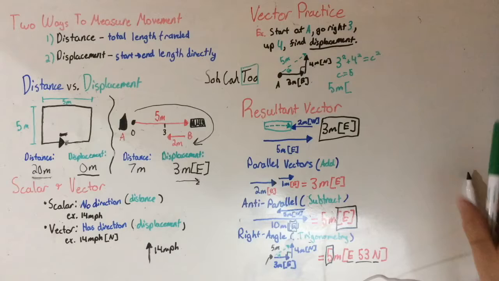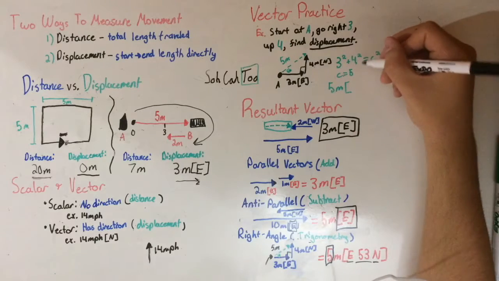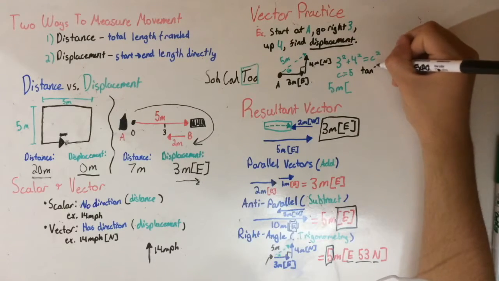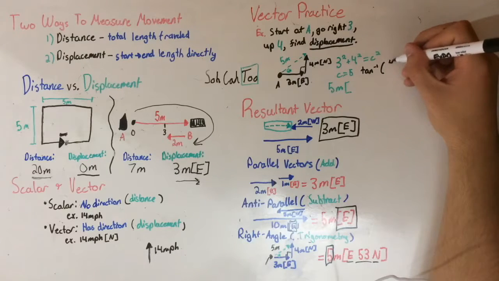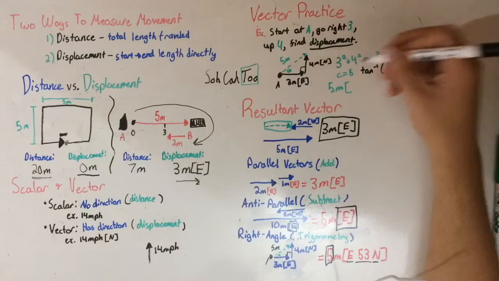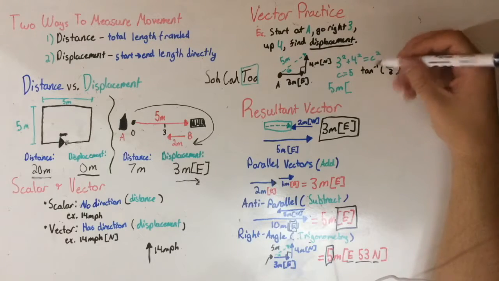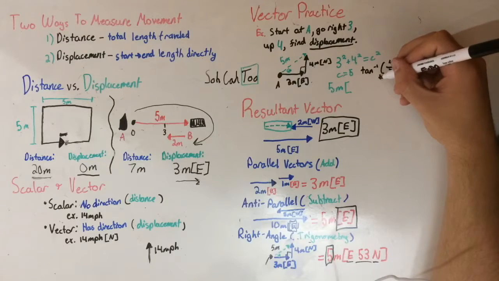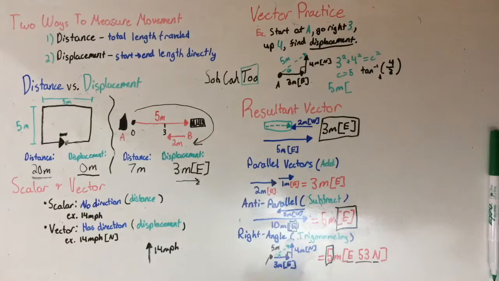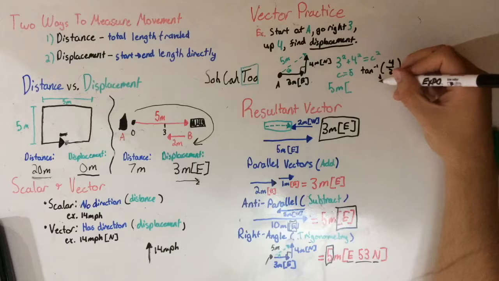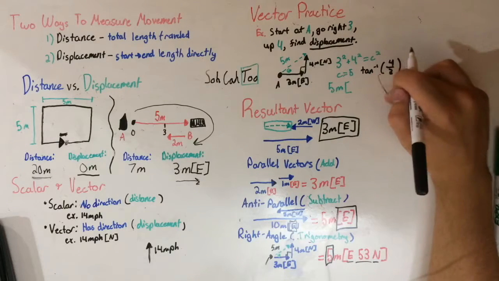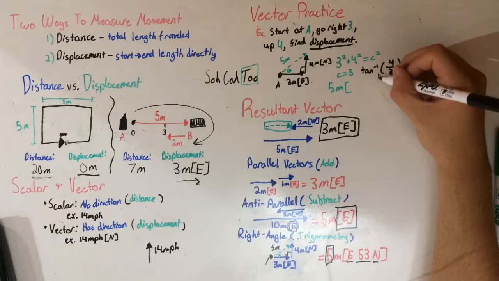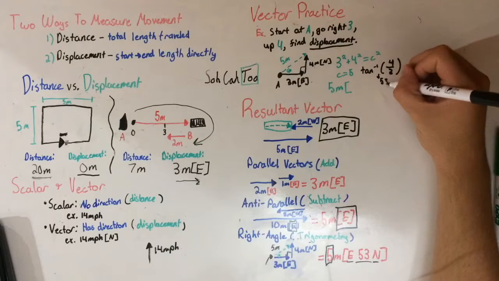So in order to find that angle, we're going to go ahead and do the inverse tangent of the opposite side, which was 4, over the adjacent side, which is 3. So the inverse tangent of 4/3 comes out to be, if you type it into your calculator, around 53 degrees. So say this is about 53 degrees.